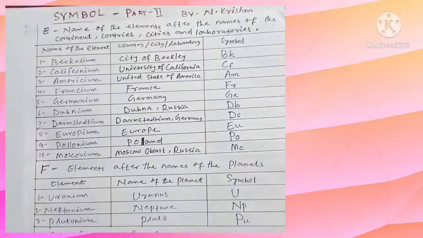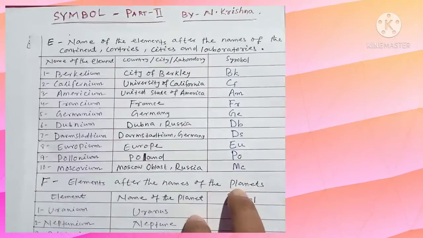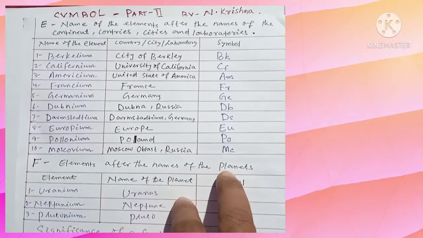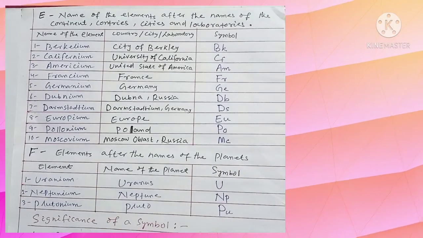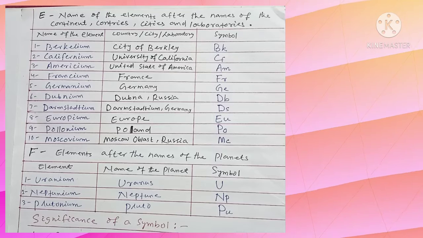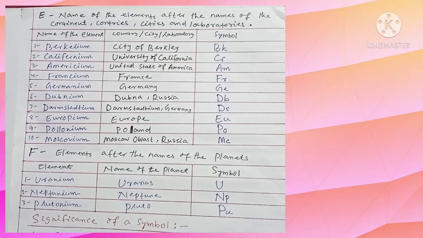Now, names of the elements after the names of continents, countries, cities or scientific laboratories. So name of the element, country, city, laboratory, or whatever it may be.